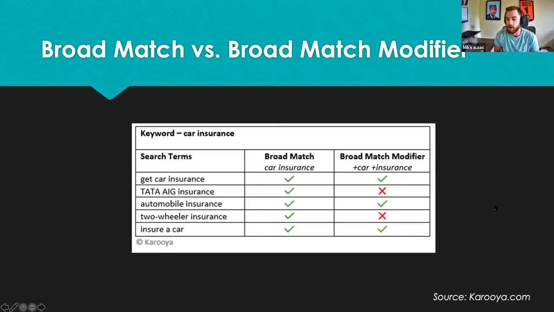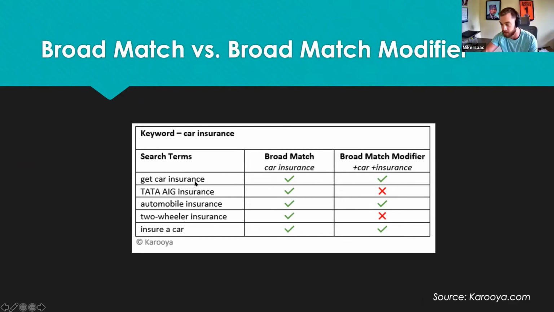Now, thinking about broad match keywords compared to broad match modifiers, this is how these really are triggered. So you can see here, this particular example is looking at the keyword car insurance. And we're going to look at both of these different match types. So by broad match, you can see these different searches that people would be searching for would trigger really all of these searches that show up for it.